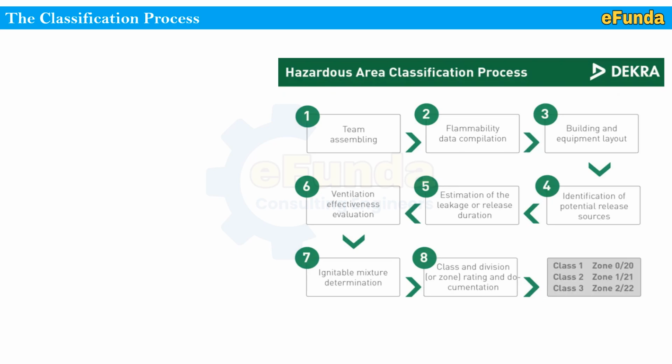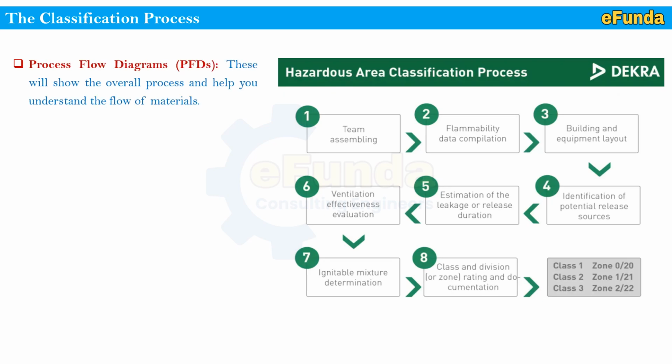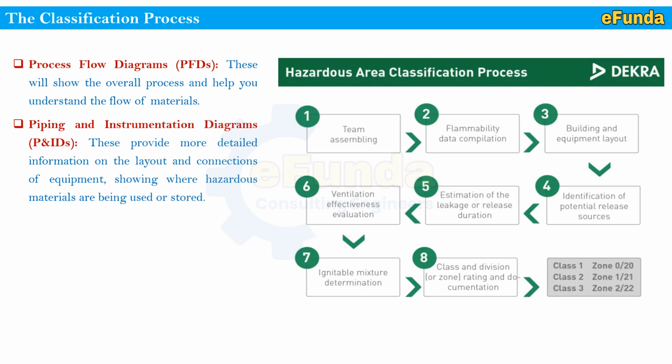zone 22. In addition to this, one requires first, the process flow diagram, that is a PFD. This will show the overall process and help you to understand the flow of material. Second, the piping and instrumentation diagram, that is P&IDs. This provides more detailed information on the layout and the connections of equipment, showing where the hazardous materials are being used or stored.